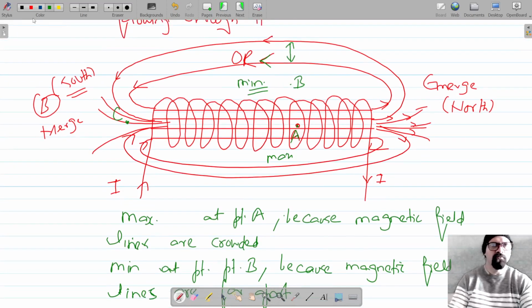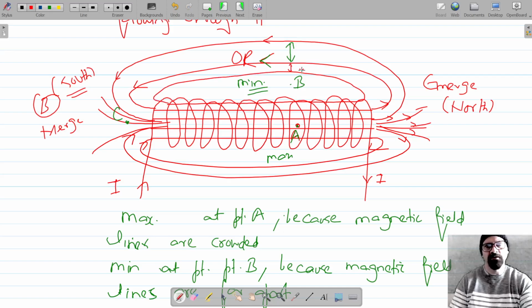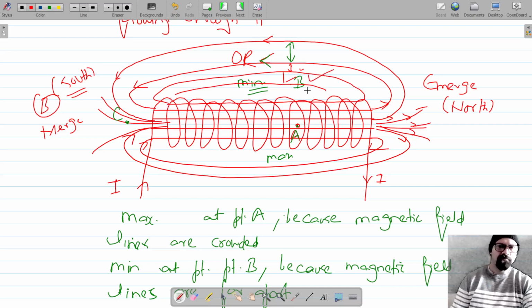Because if we draw some more magnetic field lines here, at this point, these magnetic field lines will have some distance, so they are far away from each other. Here at point P, we will have one more magnetic field line which will be far away. So here the magnetic field strength is minimum.